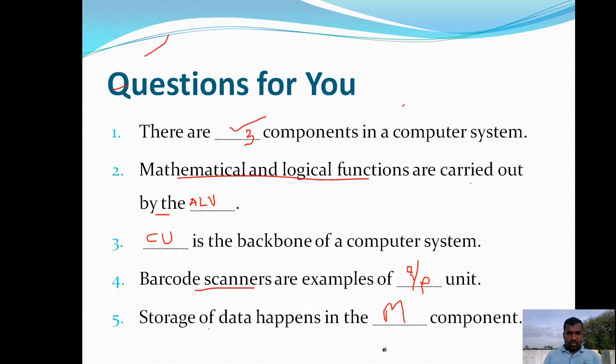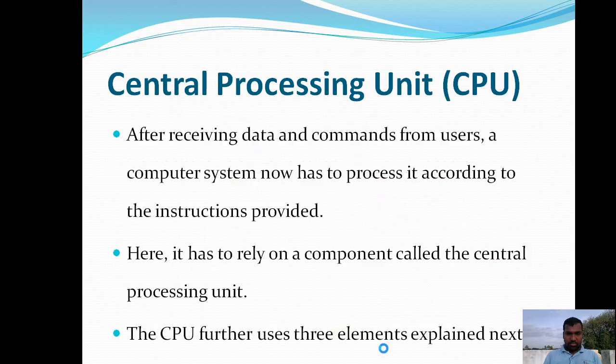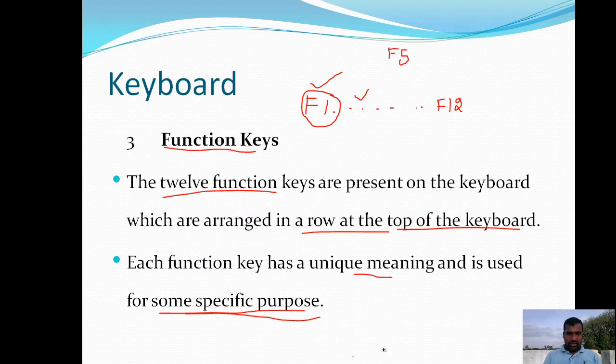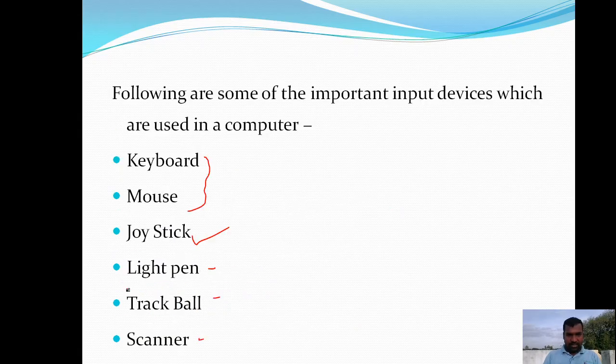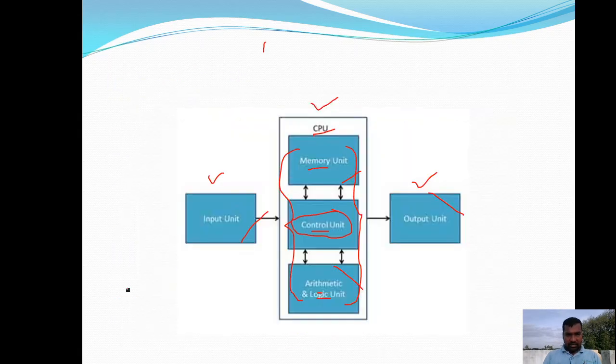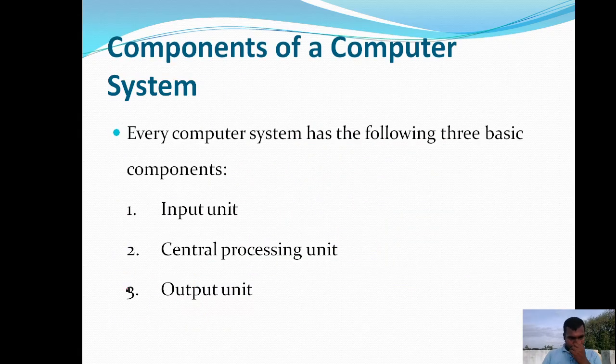Now once again I am moving towards the input devices that are available. Here a barcode reader is there. A barcode reader is an input device, and these are the three basic components available in a computer: input unit, central processing unit, and output unit.